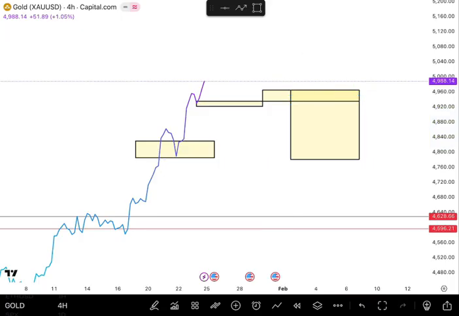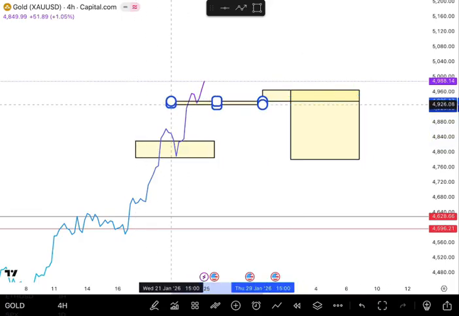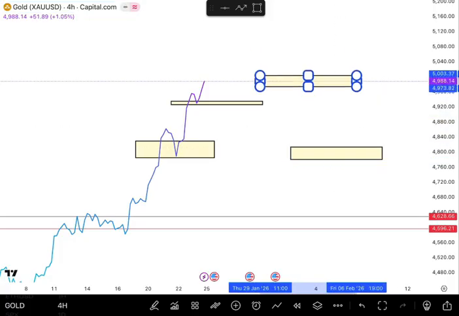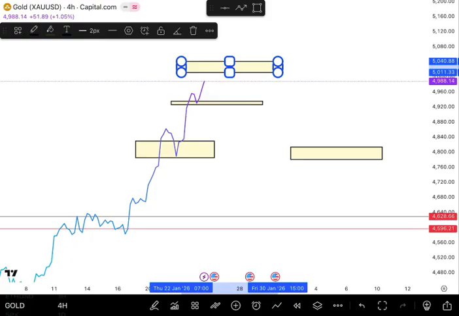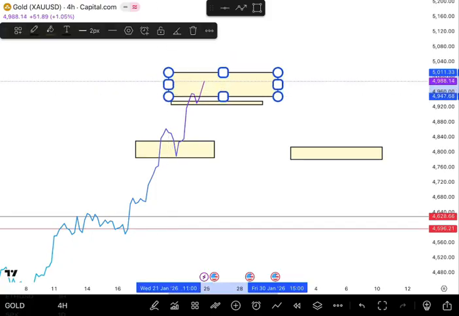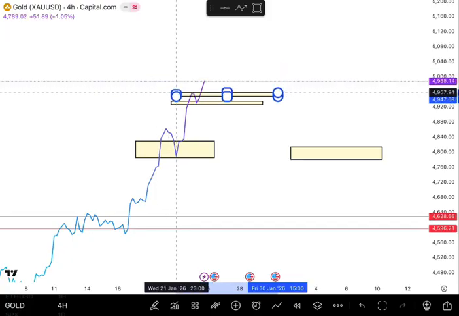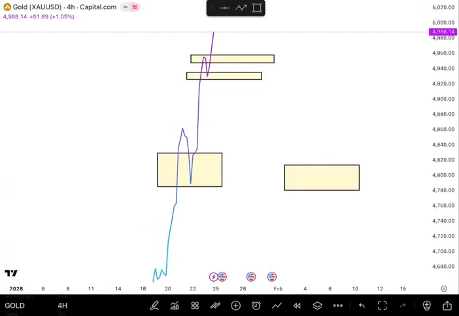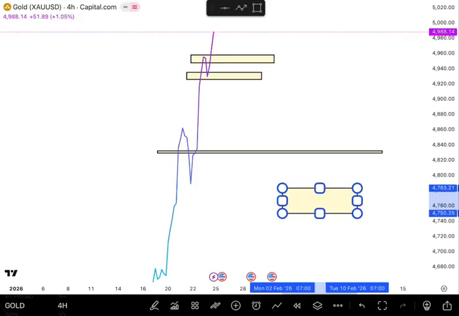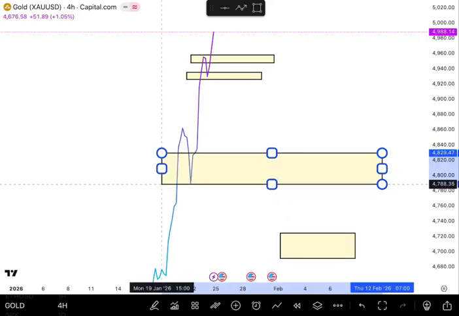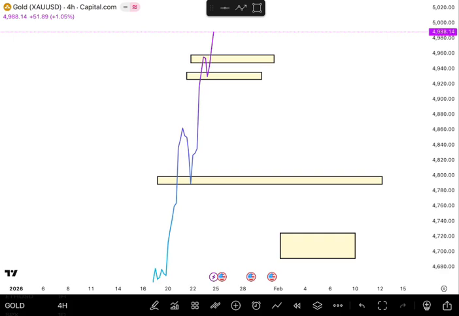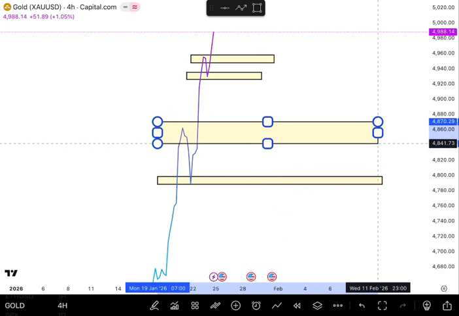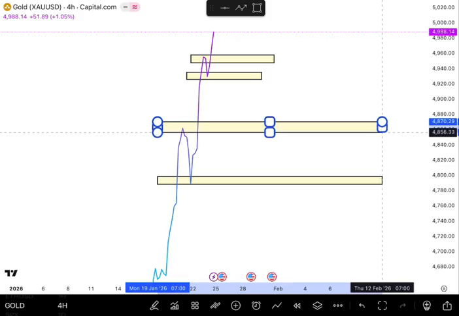We mark the support first. This is our nearest from the current market price. Always remember, you just mark the nearest. So this support. Then make it precise on the candlestick.